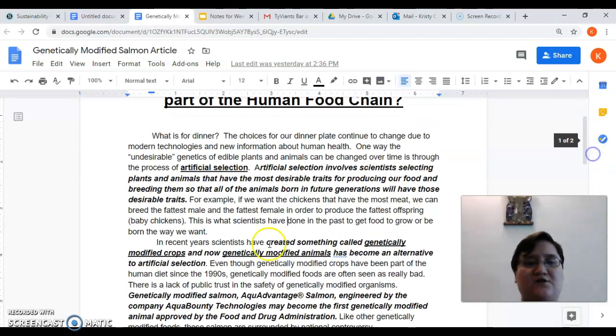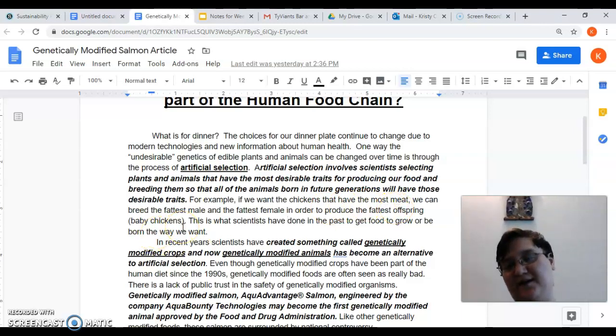So, for example, if we want the chickens that have the most meat, we can... This is something I made up, by the way. It's not real. But this is a perfectly real life explanation of what I'm talking about.